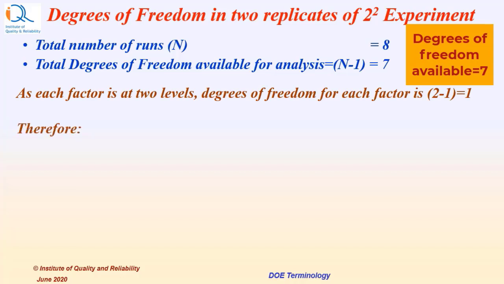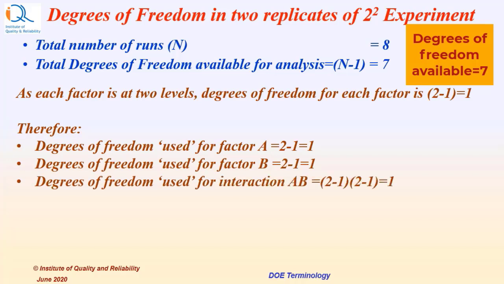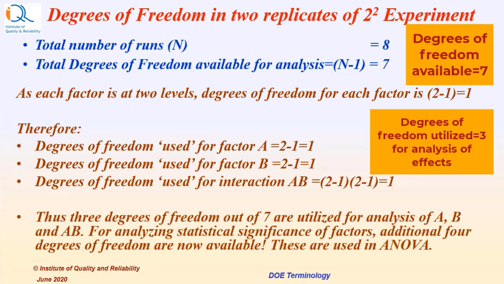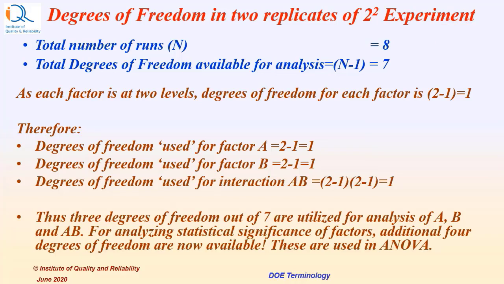So, required for A is 1, required for B is 1, and for interaction again it is 1. Thus, 3 degrees of freedom out of 7 are utilized for analysis of A, B and AB. For analyzing statistical significance of factors, additional 4 degrees of freedom are now available. These are used in analysis of variance, short form is ANOVA.